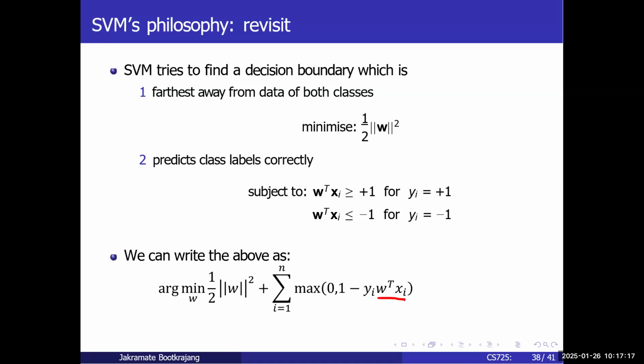What is this? What is the dot product between the vector and the point? So this is the prediction, right? It's the prediction.